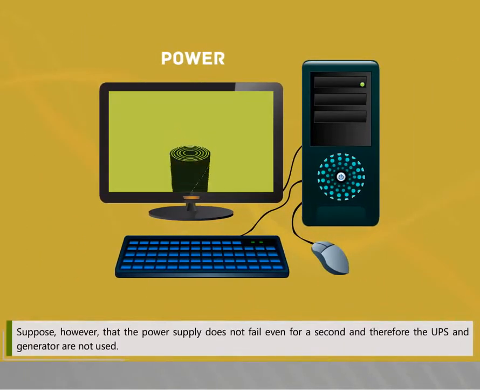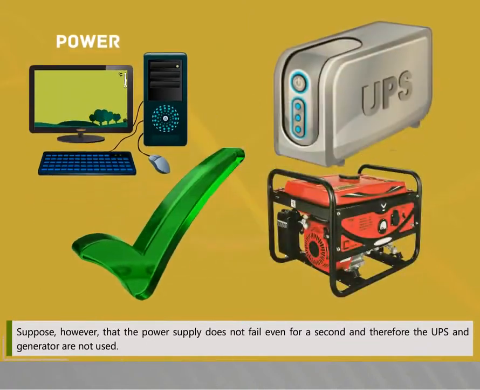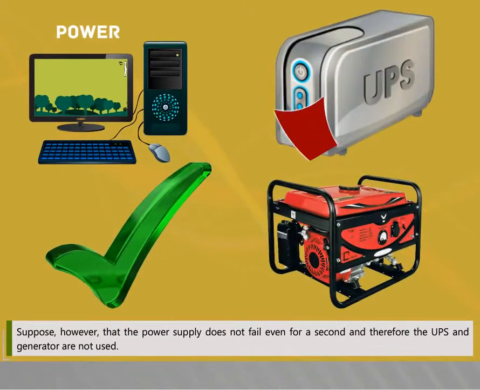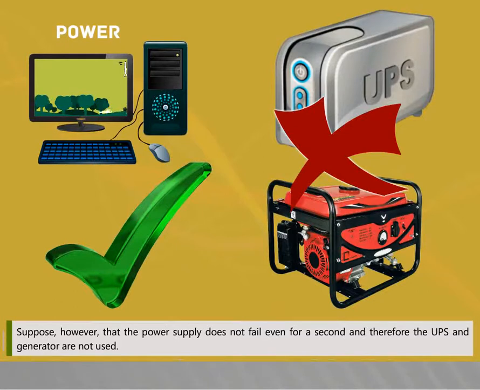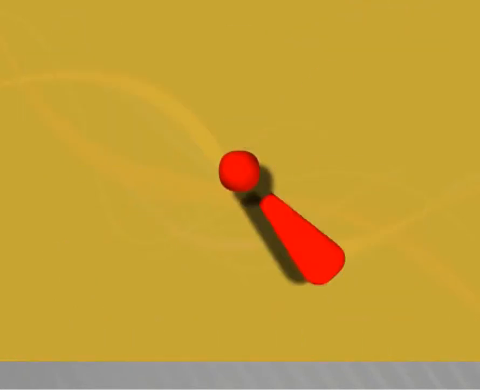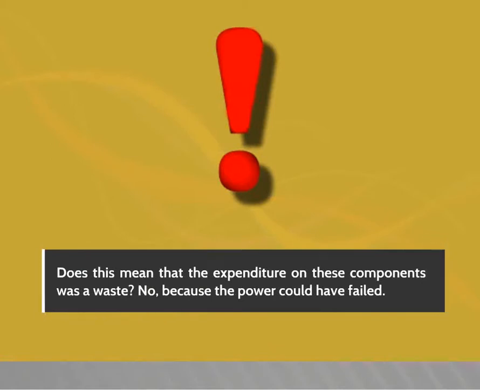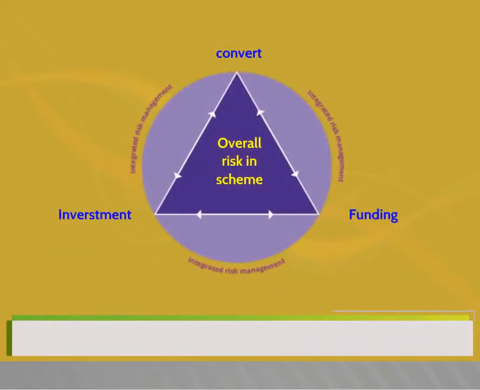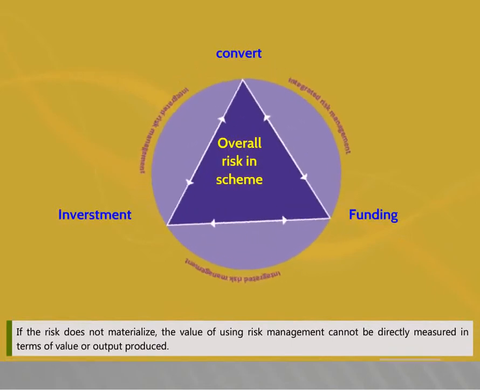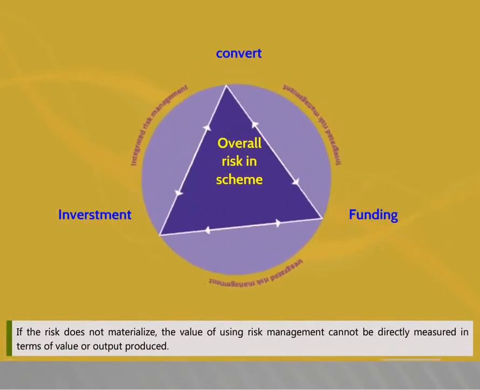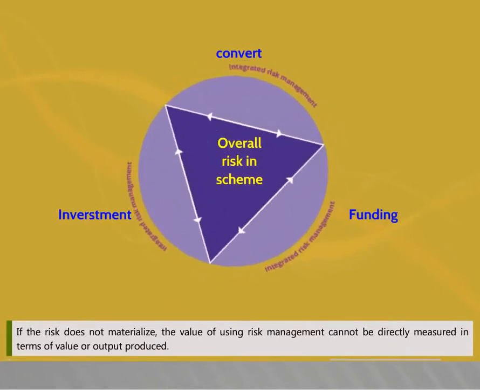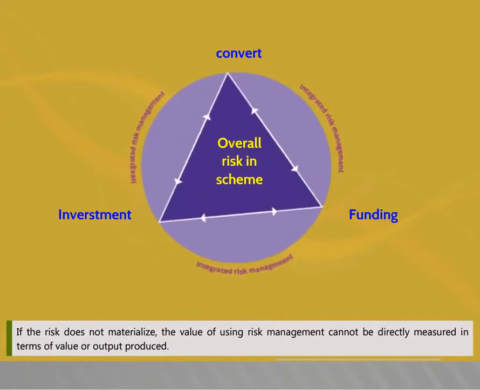Suppose, however, that the power supply does not fail even for a second and therefore the UPS and generator are not used. Does this mean that the expenditure on these components was a waste? No, because the power could have failed. If the risk does not materialize, the value of using risk management cannot be directly measured in terms of value or output produced.